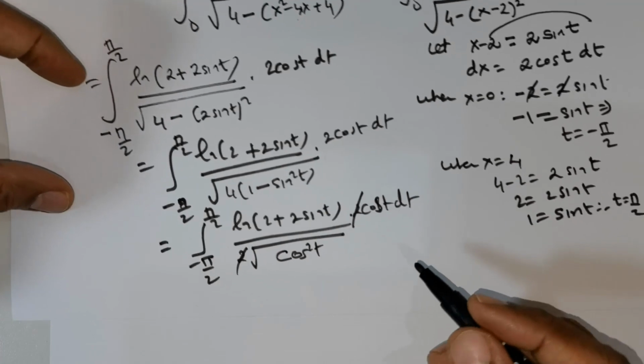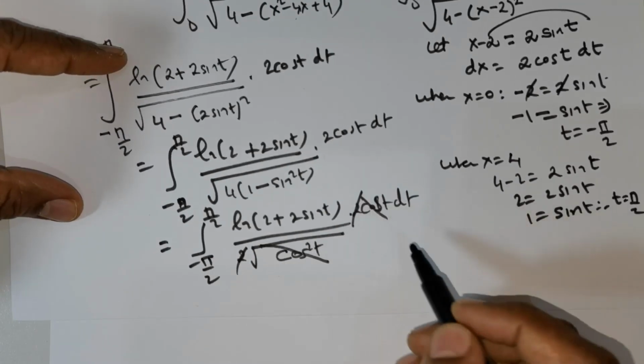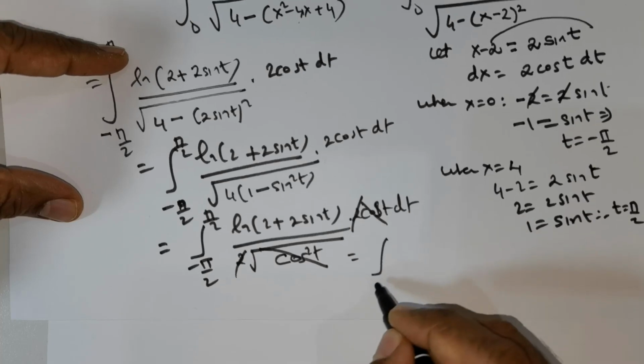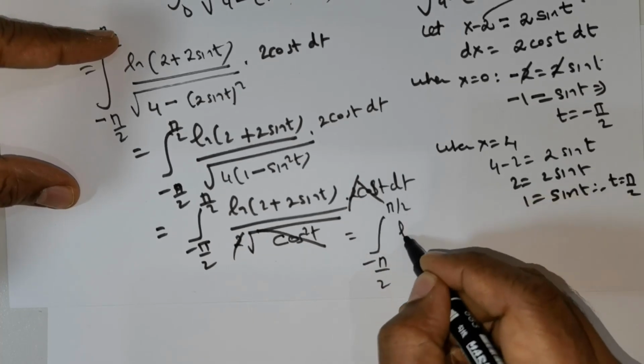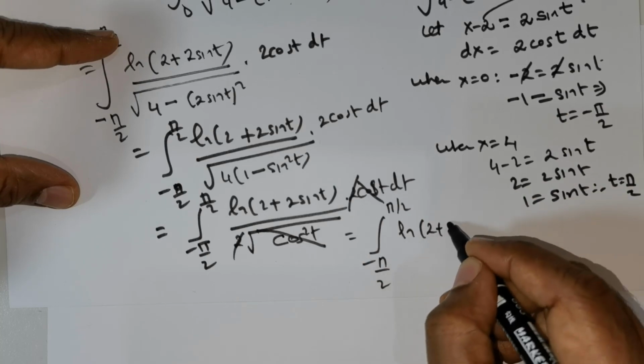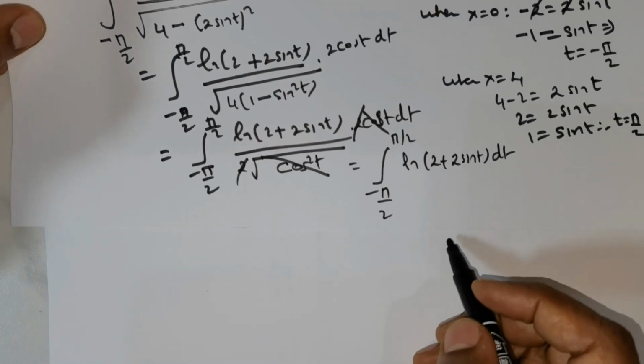The 2 can be cancelled. The square root of cos squared t is cos t, so the cos and cos can be cancelled, giving me the integral from negative pi over 2 to pi over 2 of ln of 2 plus 2 sine t times dt. Now let me move to the next page.